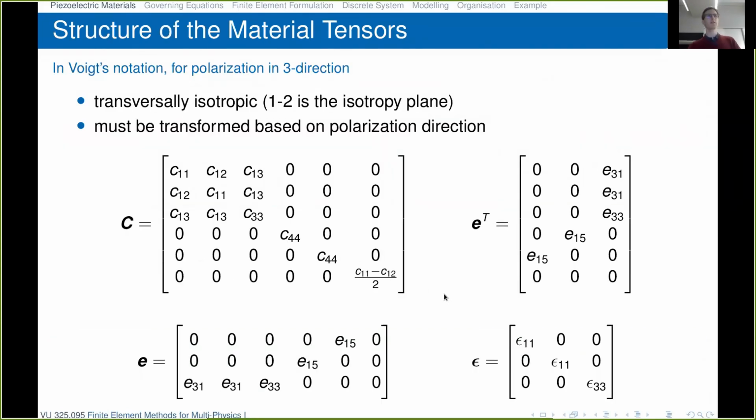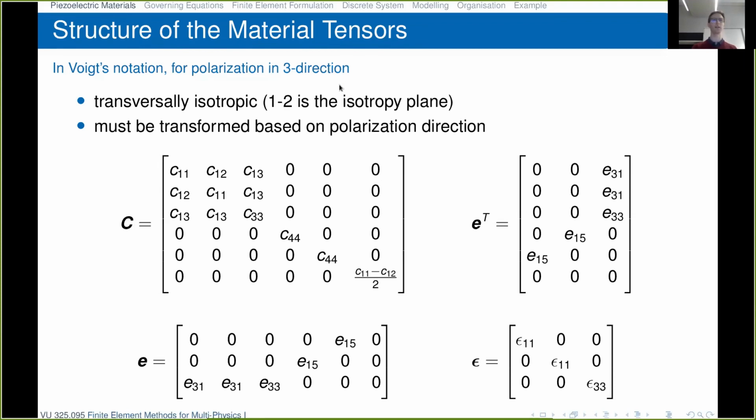So what structures do the material tensors have? I've given them here in Voigt notation, and be aware that these are for polarization in the 3 direction. Piezoelectric materials typically show a transversally isotropic material behavior.